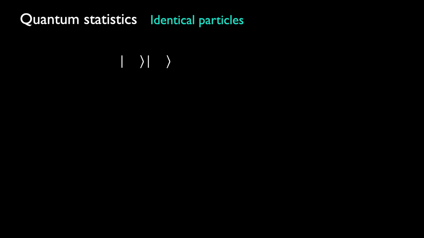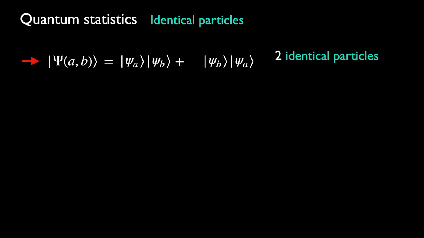Suppose one particle is in state psi A and the other psi B. Since the two particles are identical and can only be distinguished by the states they are in, this second expression should be equally valid. Therefore, we should not favor one over the other, but put them in a superposition with equal probabilities. This relative phase is yet to be determined.